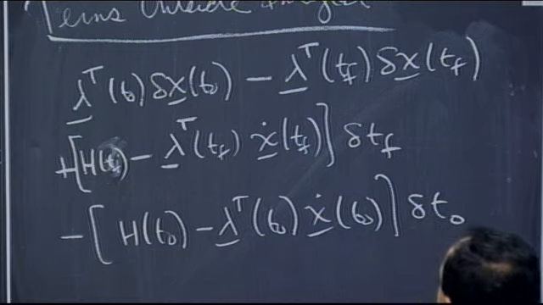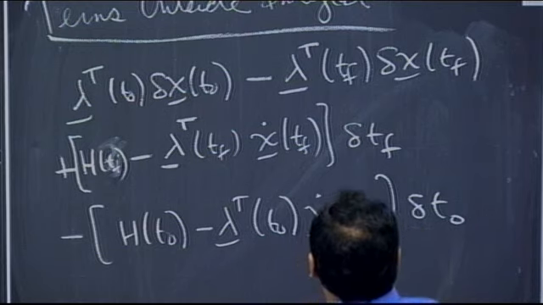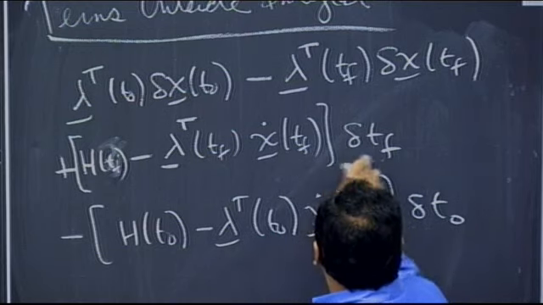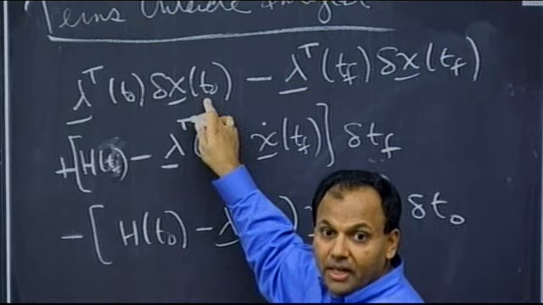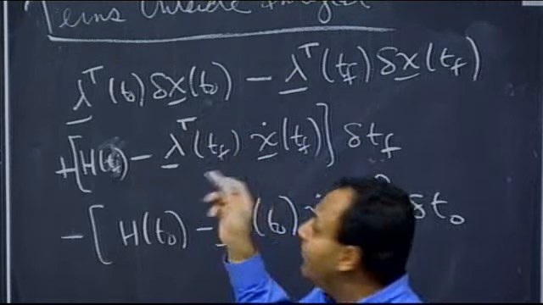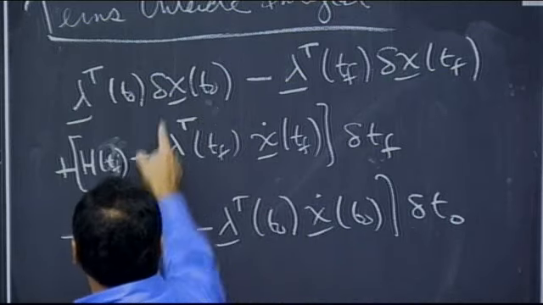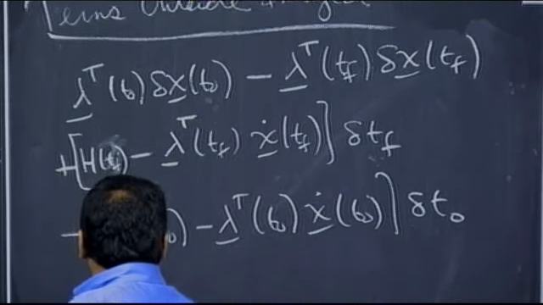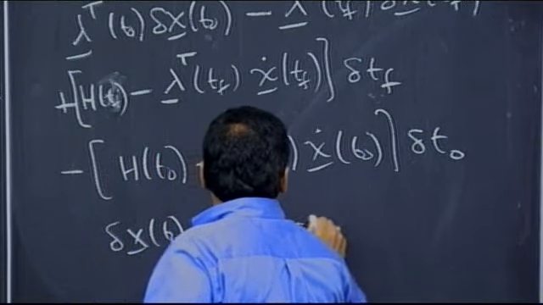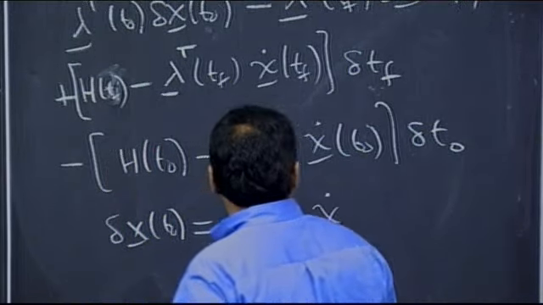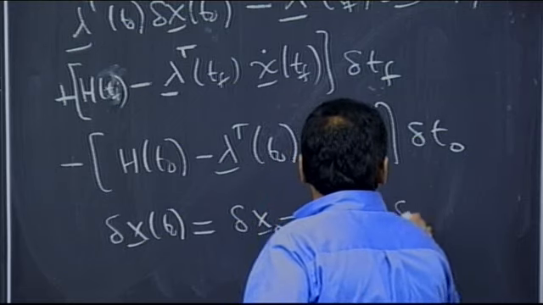Everyone okay with that? Now, if you look here, you'll see that these variations are on t0 and tf, but these variations here are on the variations in x at t0 and x at tf. But you recall that the variation in x at t0 is equal to the variation in x0 minus x dot at t0 times the variation in t0.